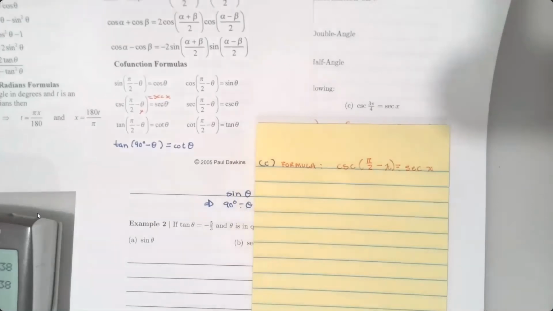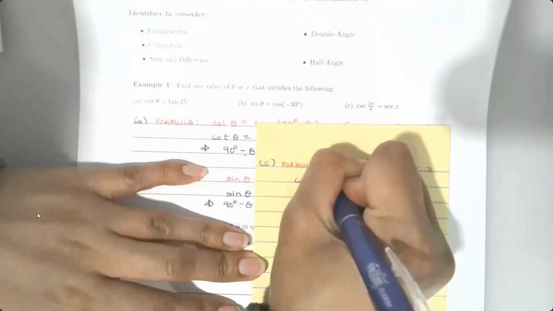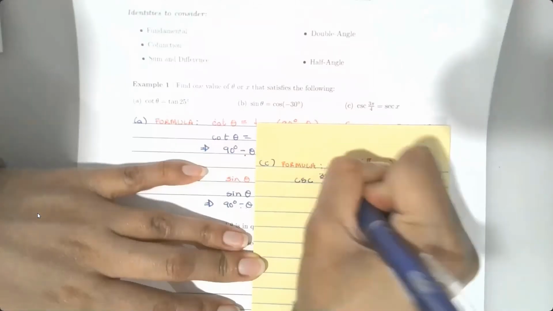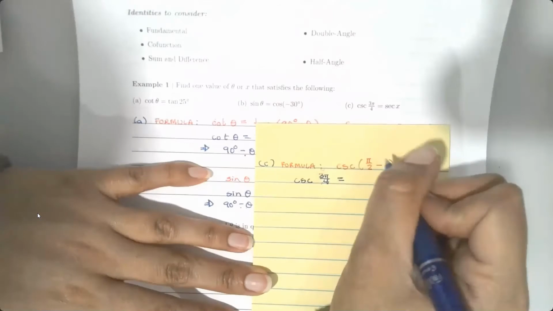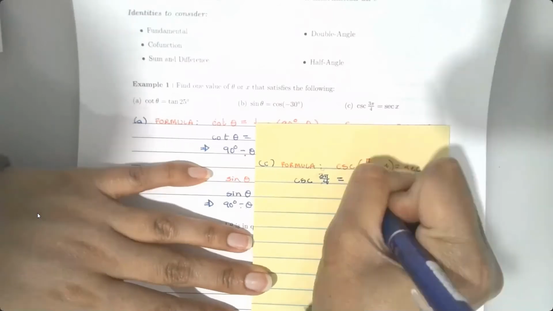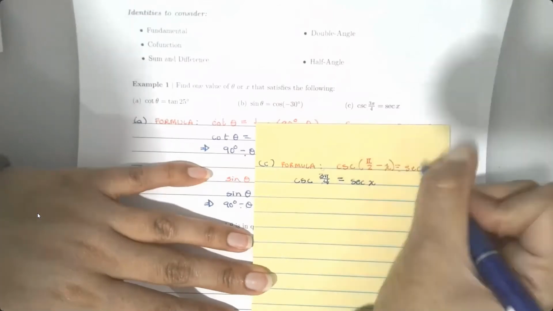All right, so that's a formula. And now we're going to set it against the given information. So we have cosecant of 3 pi over 4 is equal to secant of x. Okay, this is a given.